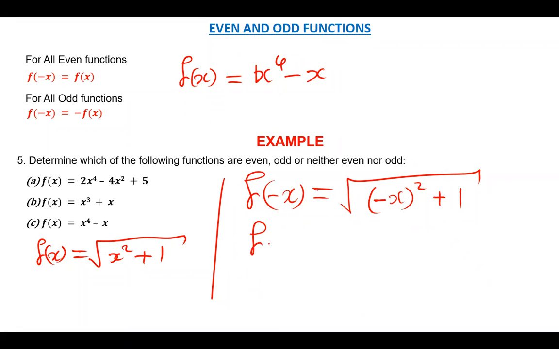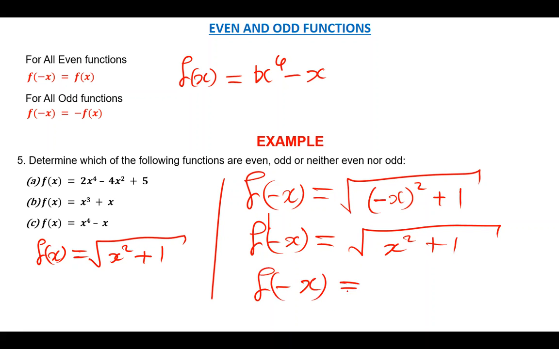So even after simplifying this, you still get the same answer, which is the square root of x squared plus 1. So f of negative x is still going to be equal to f of x, because this part here is just equivalent to f of x there.